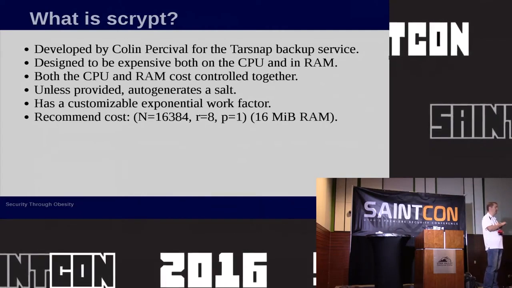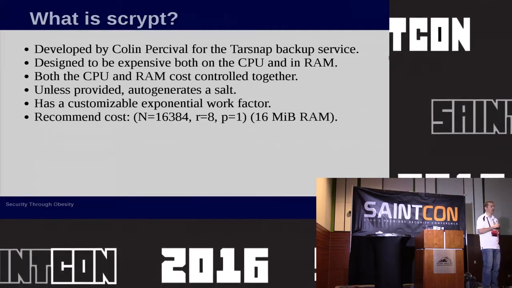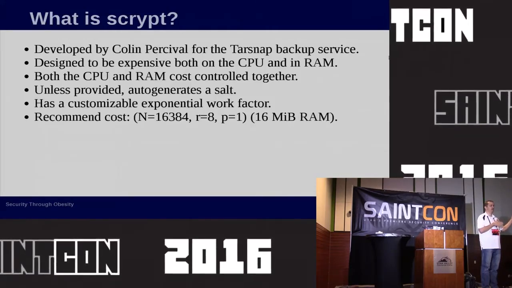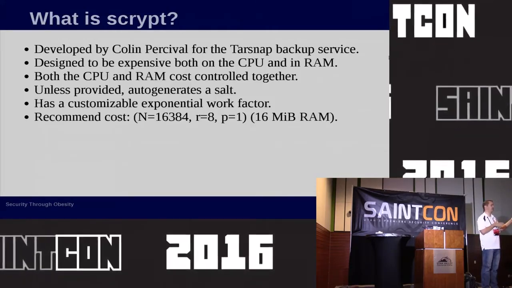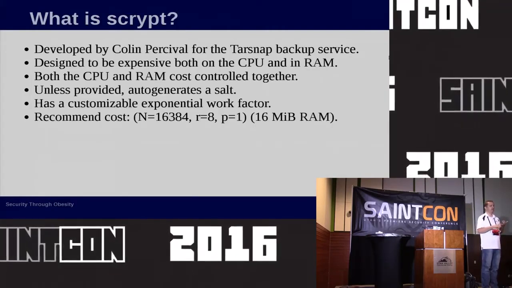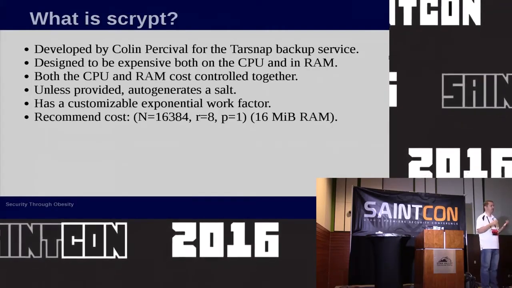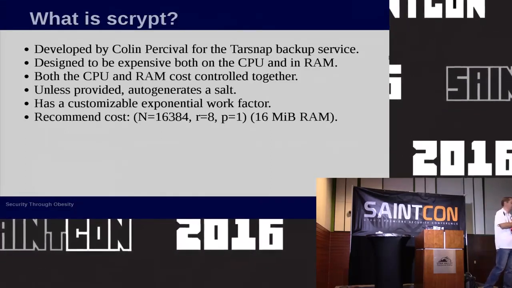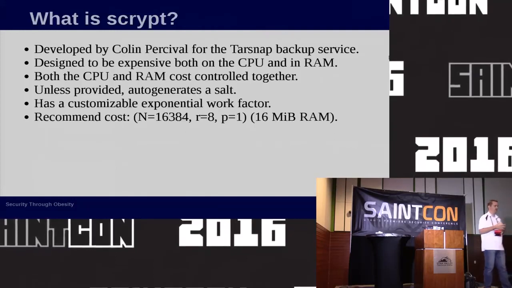scrypt is designed to not only be CPU expensive, but also RAM expensive. The costs we've looked at so far have all just been CPU costs. bcrypt, PBKDF2, the SHA crypts, they're only CPU costs. How much time can I put on the CPU? scrypt introduces a memory cost, right?